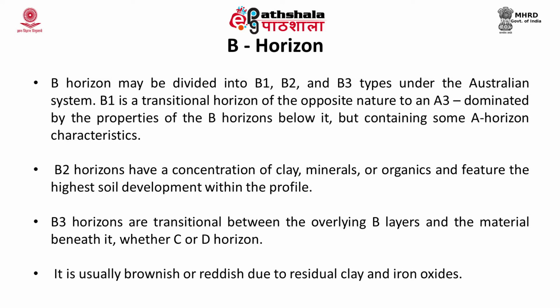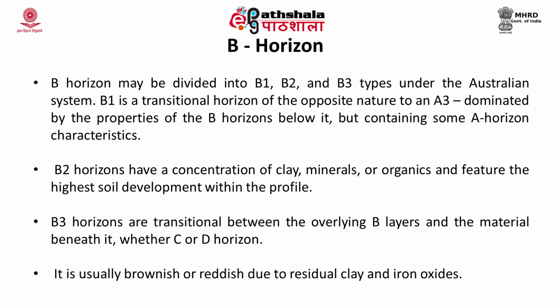B2 horizons have a concentration of clay, mineral or organics and feature the highest soil development within the profile. B3 horizons are transitional between the overlying B layers and the material beneath it. Whether C or D horizons, the A3, B1 and B3 horizons are not tightly defined and their use is generally at the discretion of the individual worker.